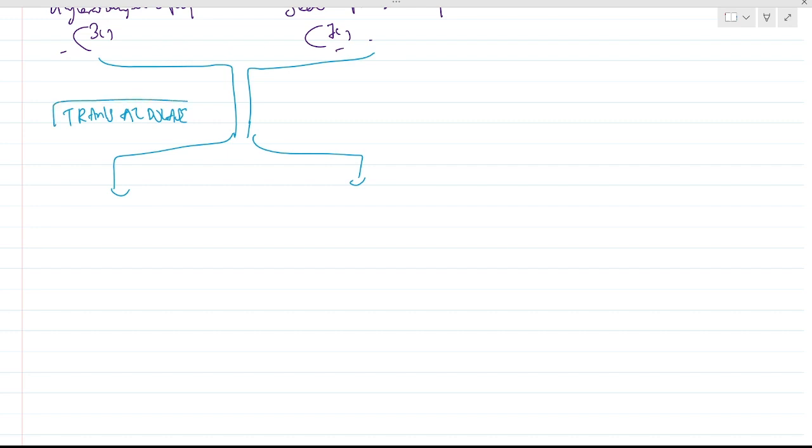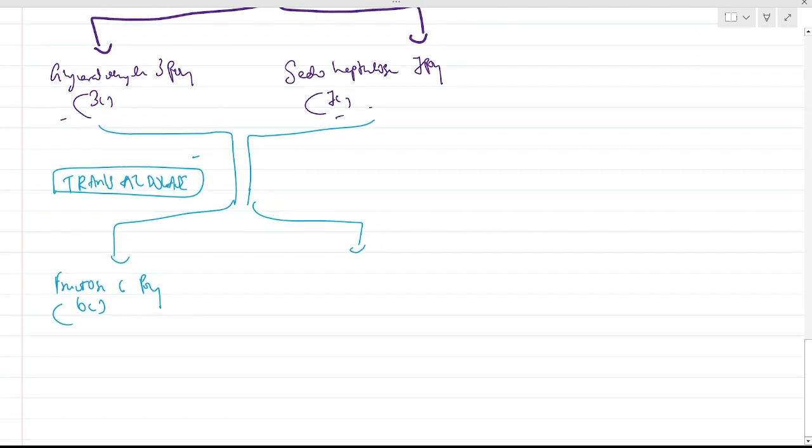Okay, transaldolase, nothing peculiar about this enzyme, just remember the enzyme is transaldolase. And what are the products? First is fructose 6-phosphate, which is 6-carbon, and there is a remaining 4-carbon of the total 10-carbon here. So this will be erythrose 4-phosphate, which is our easy 4-carbon.